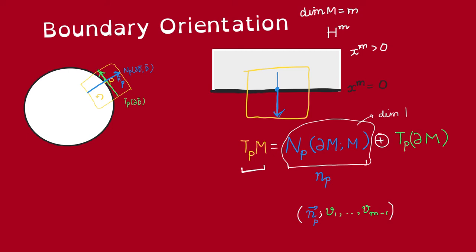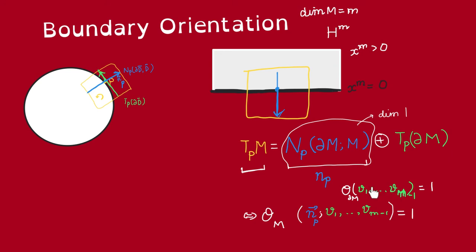Now what's the induced orientation on the boundary? Well, as before, if we have an orientation on M, in particular that means we have an orientation on each of these tangent spaces, then there is a unique induced orientation on each of these tangent spaces to the boundary. It can be explicitly described in terms of the orientation map as follows.